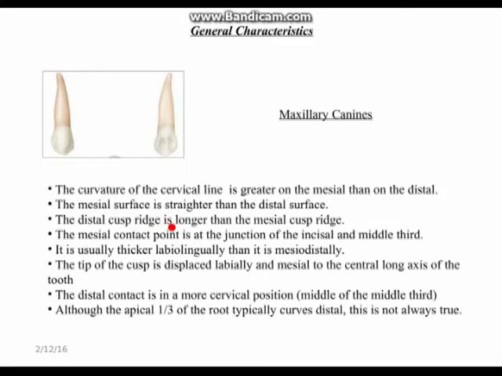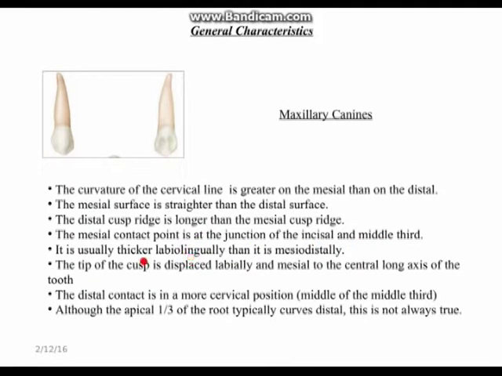The distal cusp ridge is longer than the mesial cusp ridge. Okay, this is an important one because this defines where the canine tip is located. So the distal cusp ridge is longer than the mesial cusp ridge. So the cusp is kind of leaning towards the mesial side because it's kind of shorter. Okay, the mesial contact point is at the junction of the incisal and middle third.